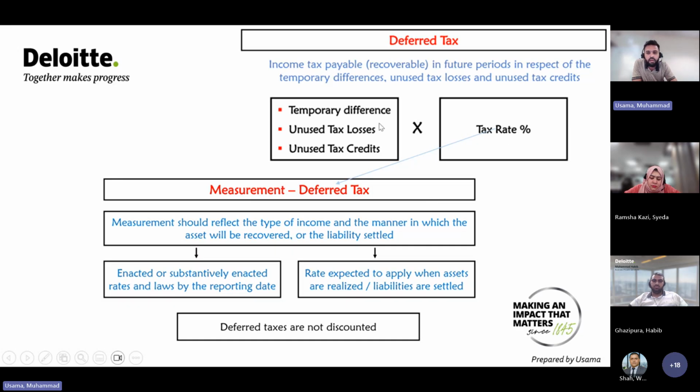So deferred tax will be calculated on the rate expected to apply. And one more thing: deferred tax is not allowed to be discounted. We do not discount the future years' deferred income or expenses.